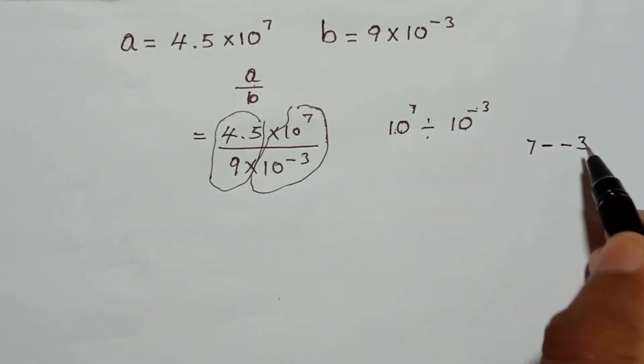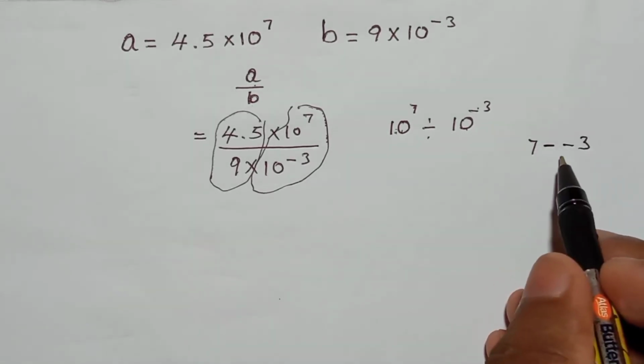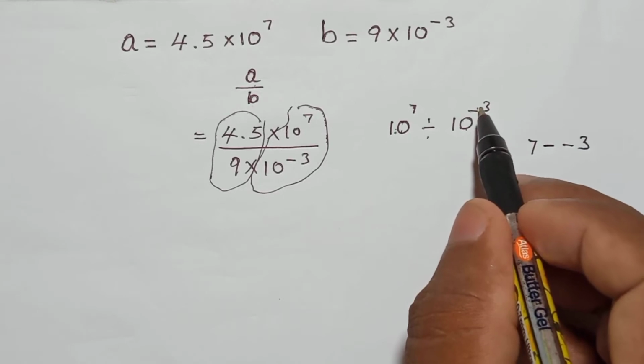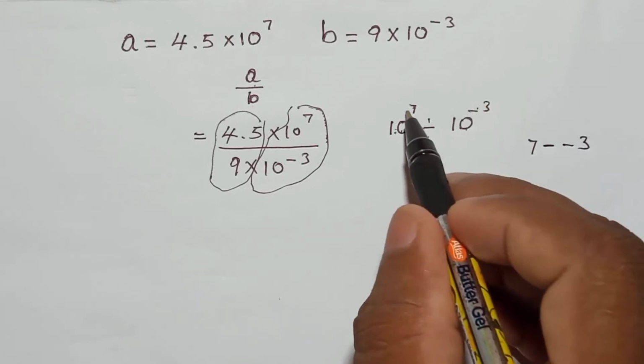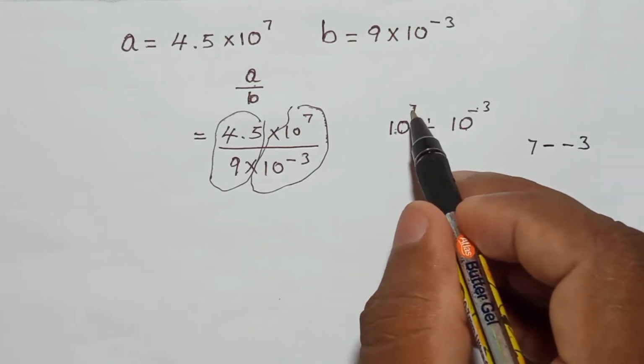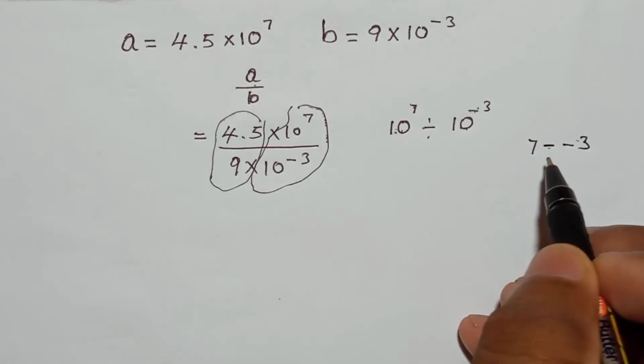Here we have a minus sign, that means subtraction, but still we need to write it like this because of the division: 7 subtract minus 3.